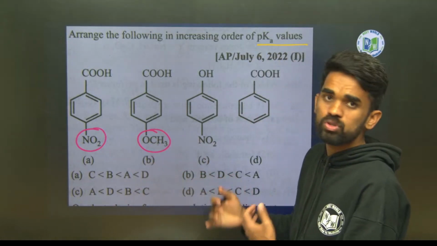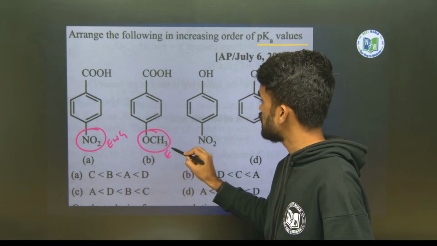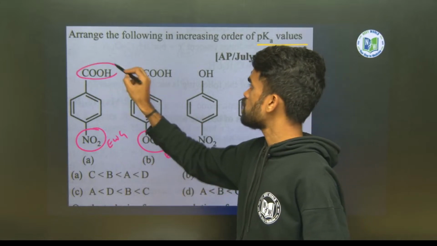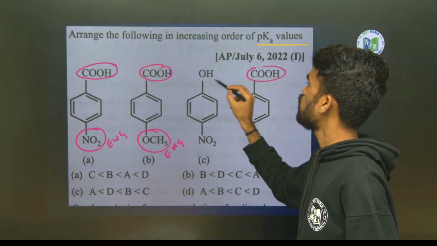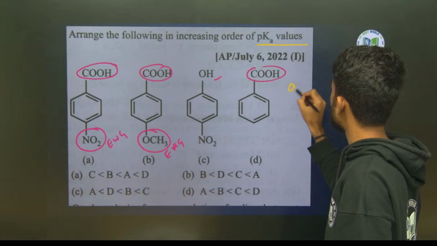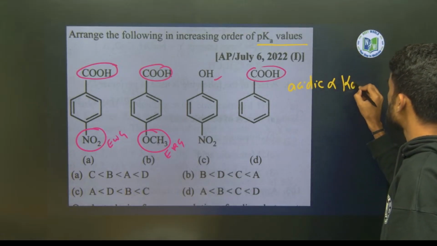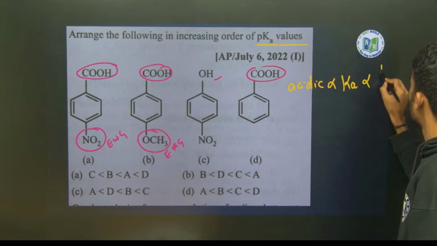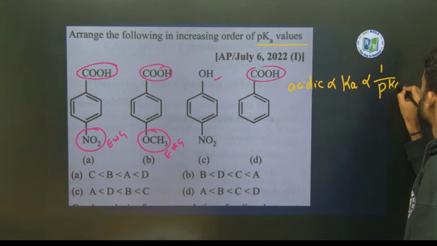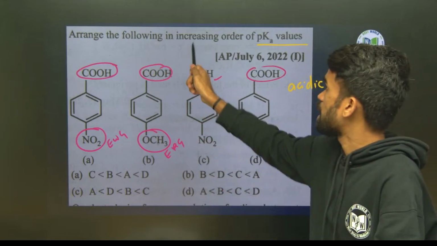First we need to find the nature of those groups: the electron withdrawing group and the electron releasing group. Given carboxylic acids and one phenol, carboxylic acids are always more acidic. First find the acidic nature order. Acidic nature is directly proportional to Ka, the acid dissociation constant, and inversely proportional to pKa. So first find the acidic nature order, and the reverse of it will be the pKa order, that's it.